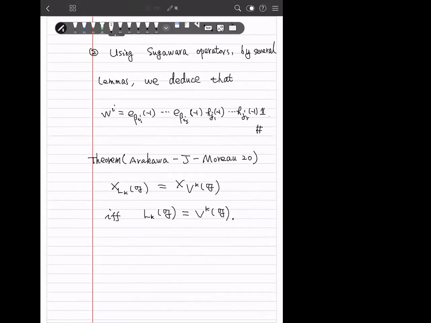The main idea is to use the Shapovalov operator, in two ways. I think the important thing in the proof is to choose a good leading term.